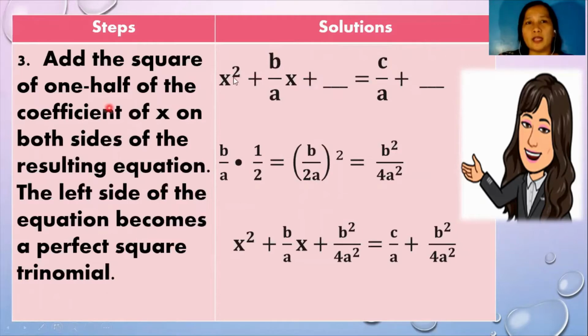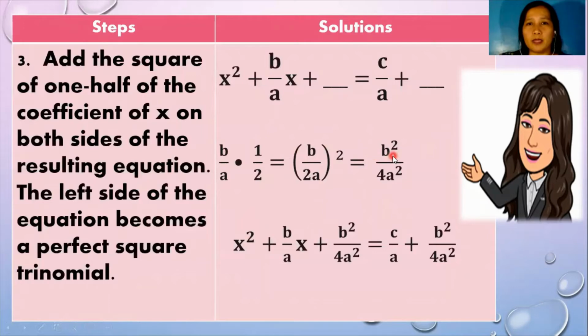So it is said you get the coefficient of x, and the coefficient of x is b over a. Then get the half, so divided by 2, so it becomes times 1/2. B over a times 1/2 is b times 1 is b. A times 2 is 2a. Then get the square. So the square of this is multiplying it by itself.